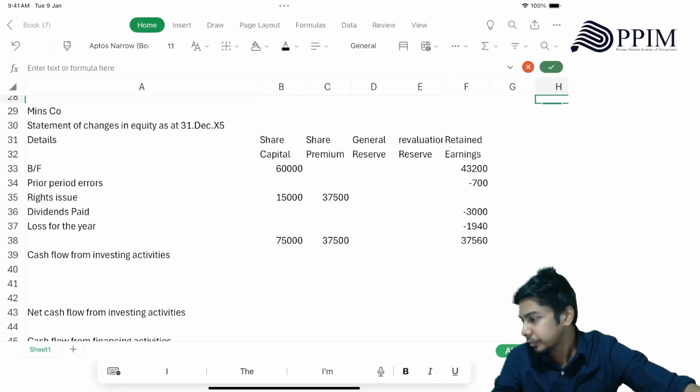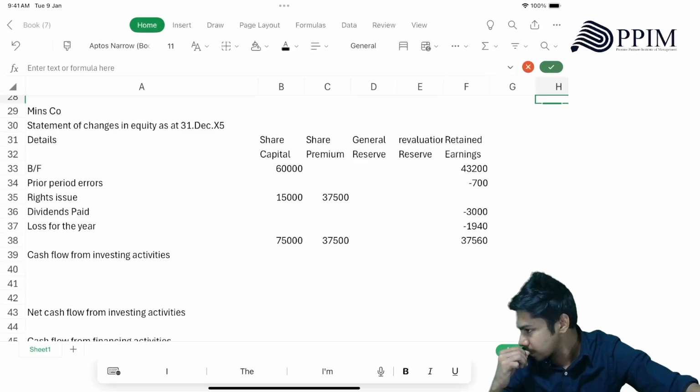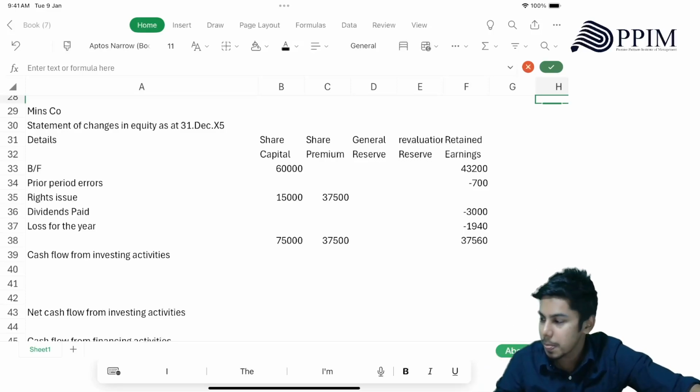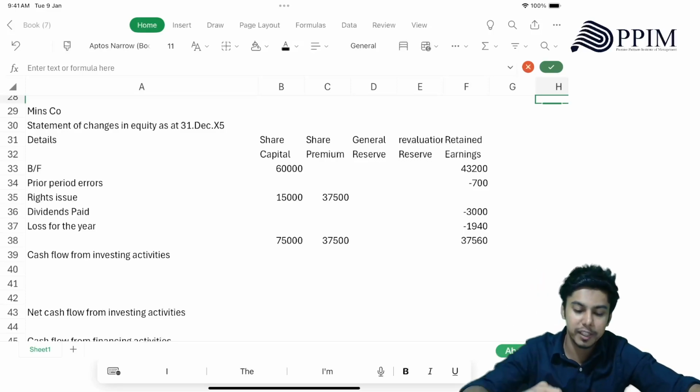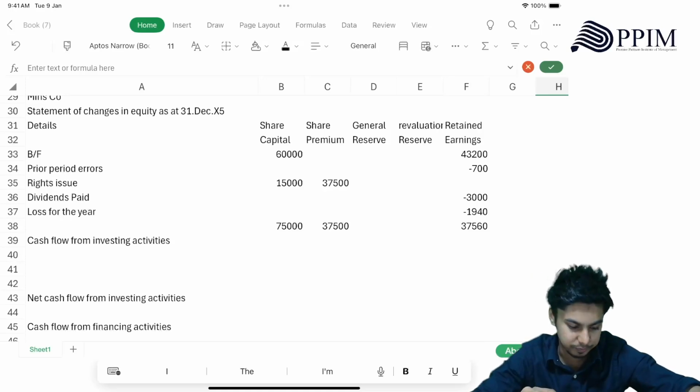That 2 million increase is a fair value increase, not a revaluation increase, because it's under investment property, not under the cost model. That's why we can't show it there. Yeah, TCI, if you want, you can write it, there is no problem. Exactly. Only revaluation surplus should we mark and show there, not fair value increase.